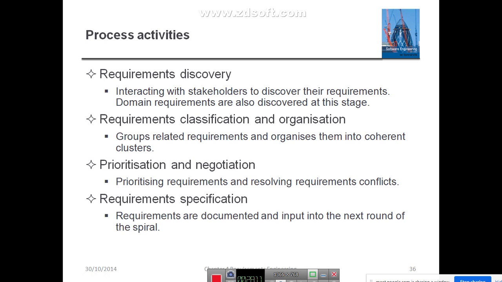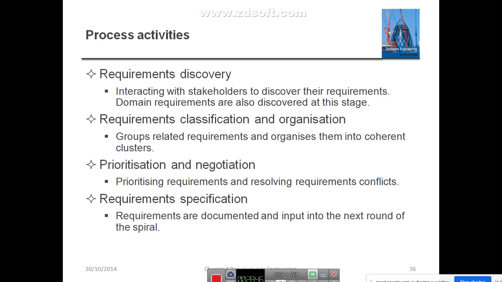And the fourth one is requirement specification. Whatever requirements you got, along with the classification, organization, prioritization and negotiation, all those requirements are documented and input into the next round of the spiral. Already we have seen the spiral view of the requirement engineering process. Now you have come up with all the requirements that are needed for the system development.